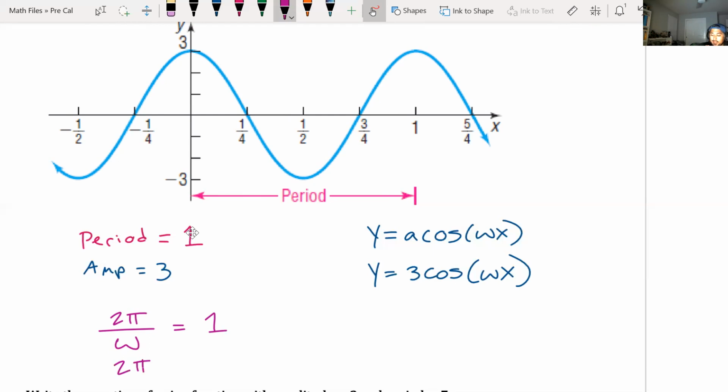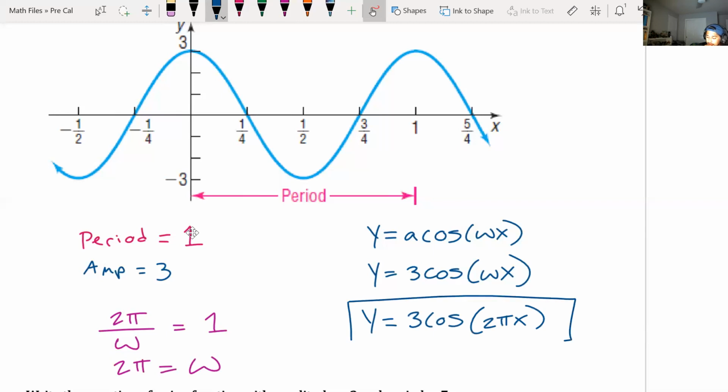So you get 2 pi equals omega. And we got it. y equals 3 cosine 2 pi x. That's it. And of course, that's one out of many equations that could represent this graph.